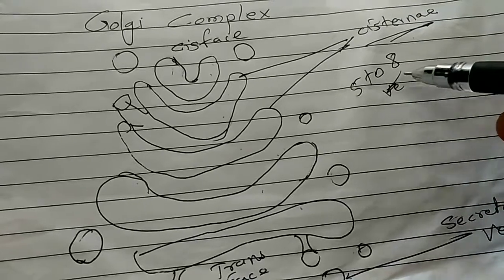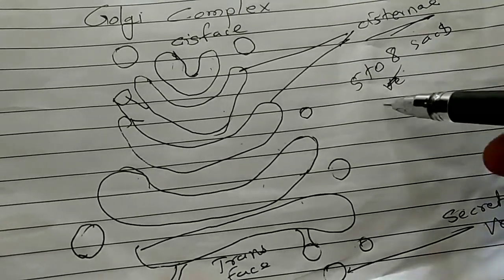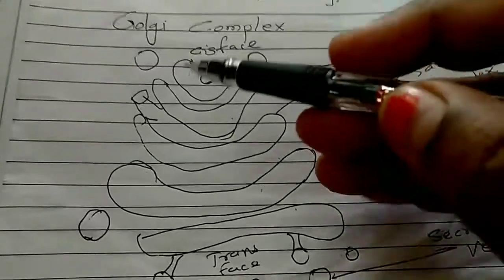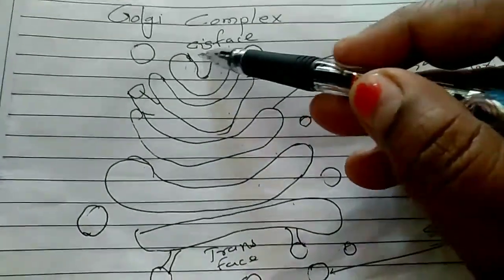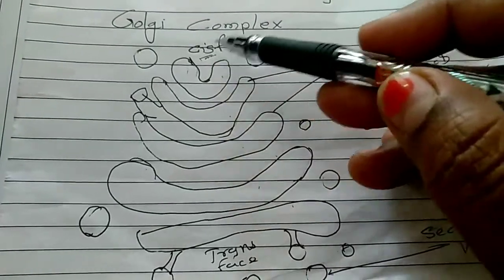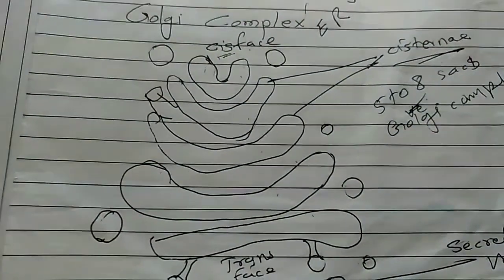There are about 5 to 8 sacs in the Golgi complex. The Golgi complex has two phases, one is the cis phase, one is the trans phase. The cis phase is close to the endoplasmic reticulum.